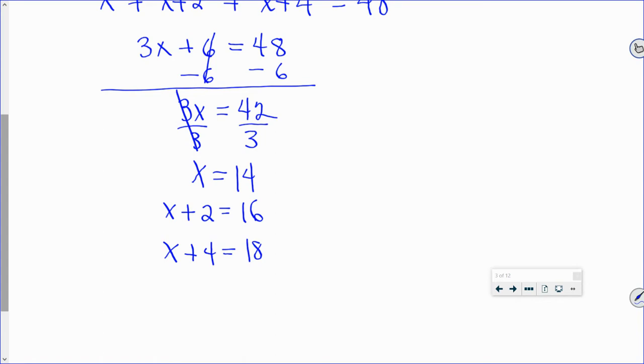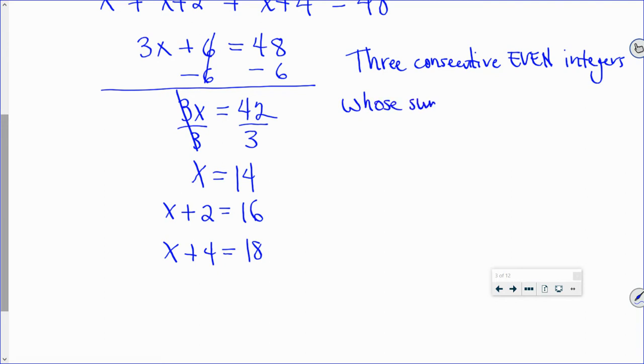So 3 consecutive even integers whose sum is 48 are 14, 16, and 18.